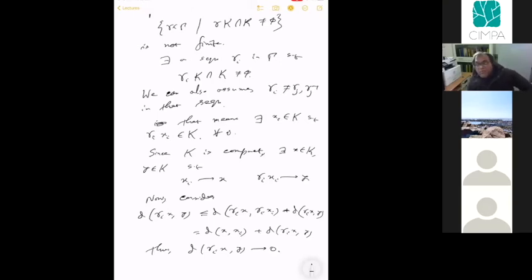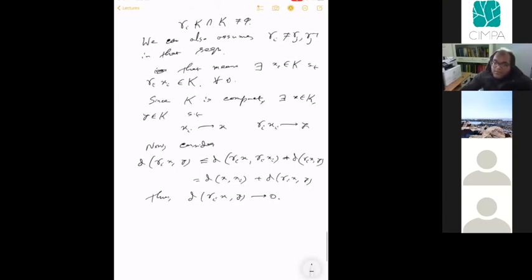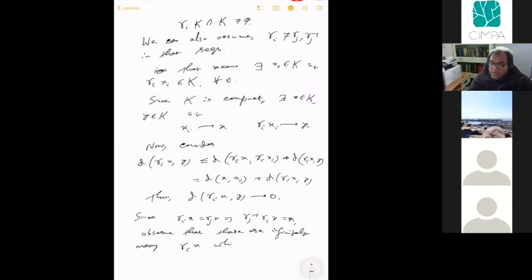Now we have, yeah, so there are infinitely many. Okay, so since gamma i x equal to gamma j x implies gamma i inverse gamma j is in the stabilizer, this is identity. Okay. Observe that there are infinitely many gamma i x which are distinct.